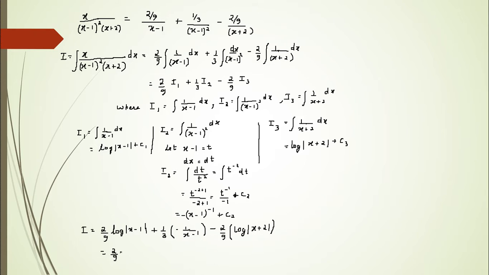I'll get here log of modulus x minus 1 minus log of x plus 2, and here I'll get minus 1 by 3 into x minus 1, plus a constant c.